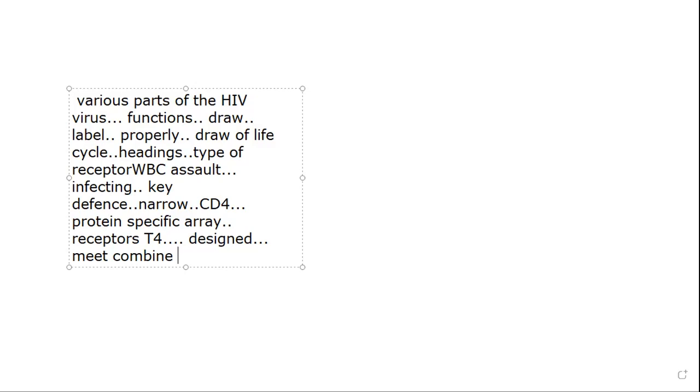After fixing with the T4 cell, we can say the HIV virus docks with the T4 cell. Okay? After docking with the T4 cell, the HIV virus starts to penetrate. Penetrate ka matlab, it starts to enter. Now, these are different headings that I'm telling you.